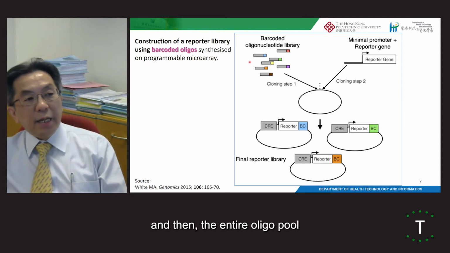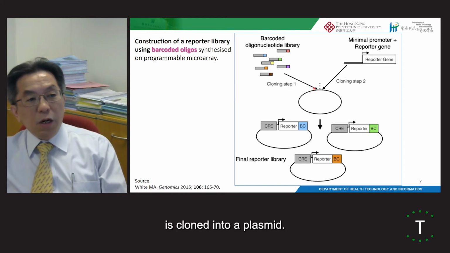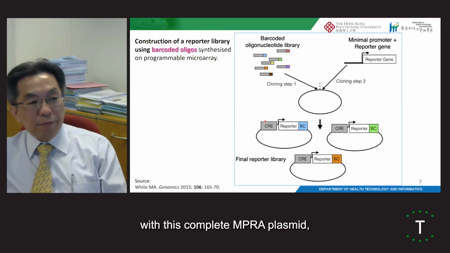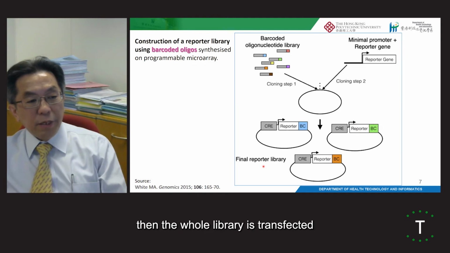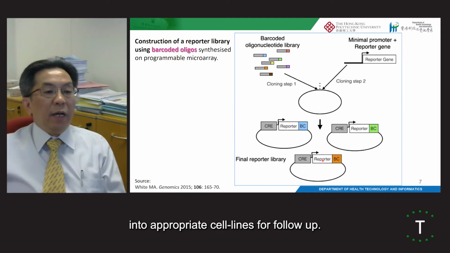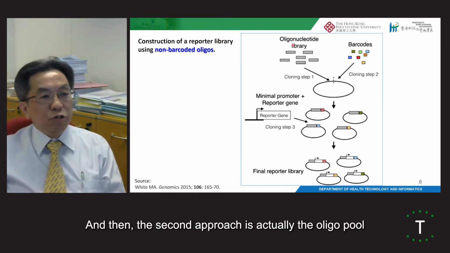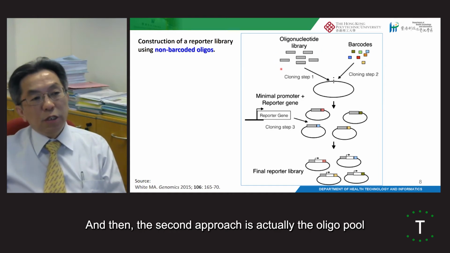Then the entire oligo pool is cloned into a plasmid, and the reporter gene is cloned in a second cloning step in between the fragment of interest and the barcode. With this complete MPRA plasmid, the whole library is transfected into appropriate cell lines for follow-up.